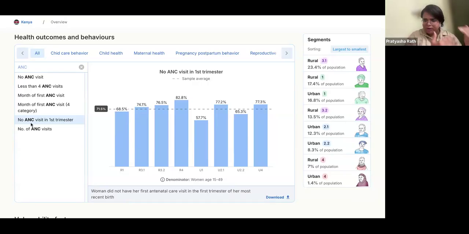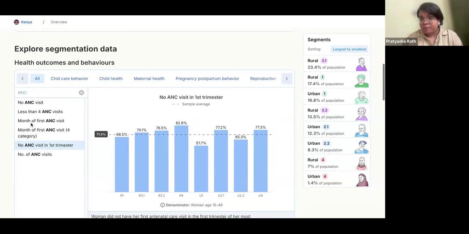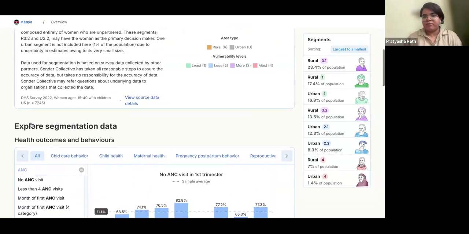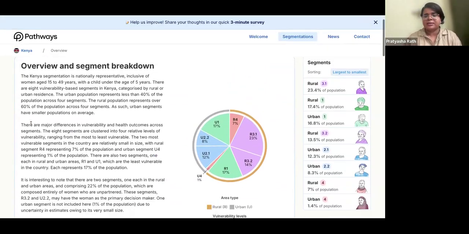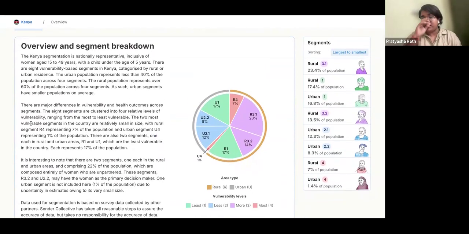So now we've done one round of introduction on segments. We've done one round of verification of which are the outcome areas I want to look at. And the platform very clearly gives you an introduction to that. The third thing which implementers usually want some information on quite quickly is, well, there are 8 segments, but what are the segments in the area I'm working, right?